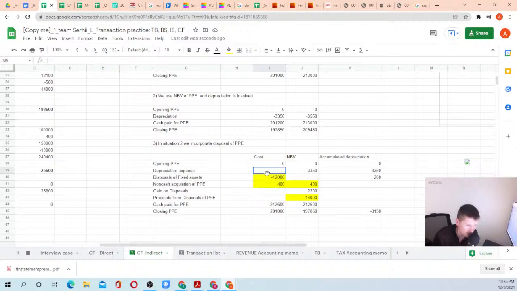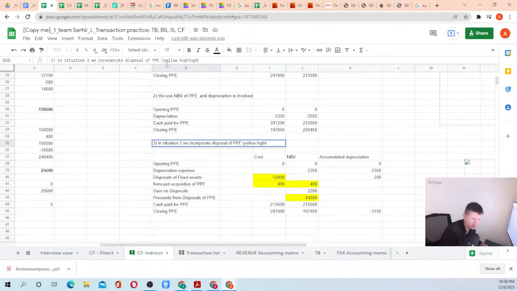That's what we get. Not available directly from income statement or balance sheet.